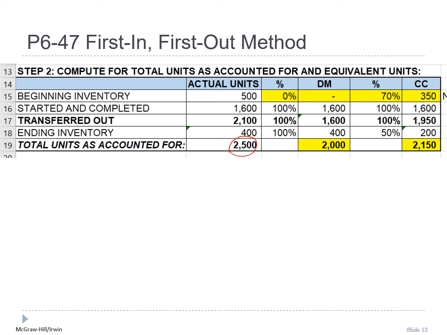So 2,500 units are also accounted for. Only 2,100 were transferred out, out of 2,500, so that means our ending inventory is 400. Out of the 2,100, 500 is from the beginning inventory, so the 1,600 comes from the units started. That's why the title is started and completed.